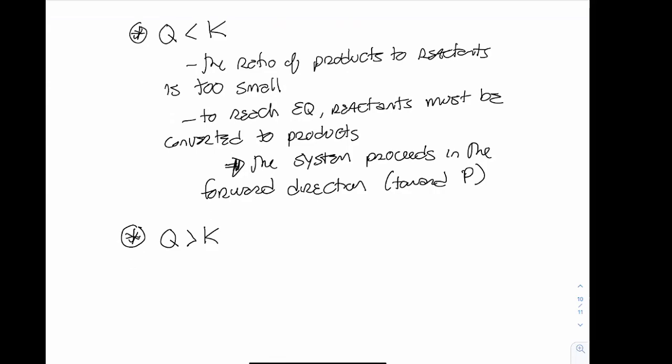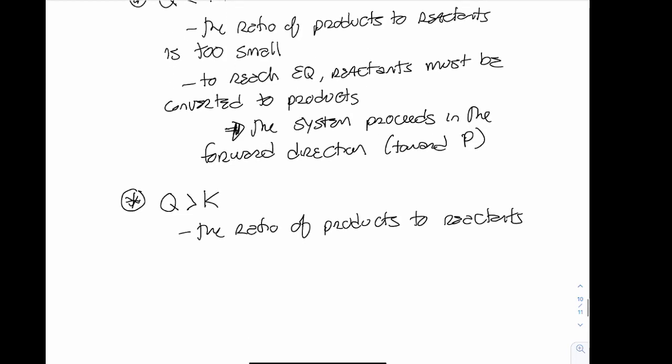So the ratio of products to reactants is too large.